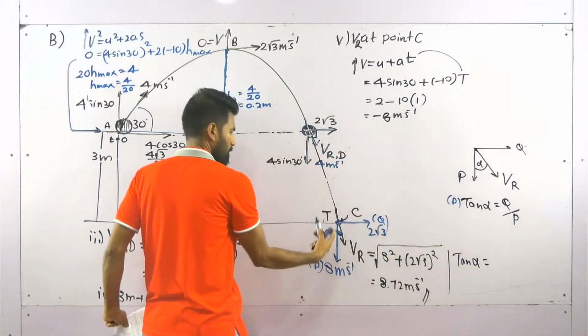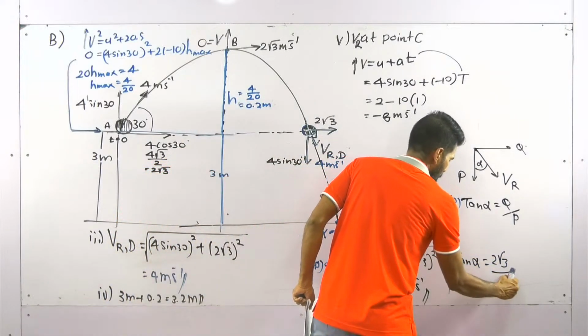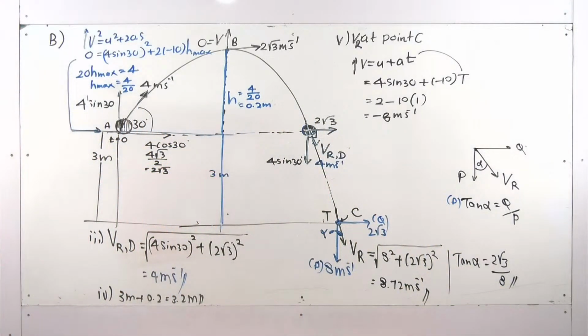Tan alpha is equal to 2 root 3 q over p, which is 2 root 3 over 8. Okay, you can continue that, and I will give the answer for this alpha.